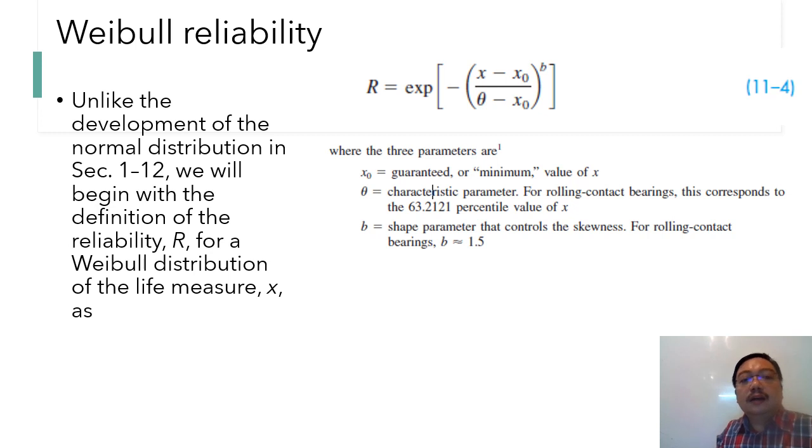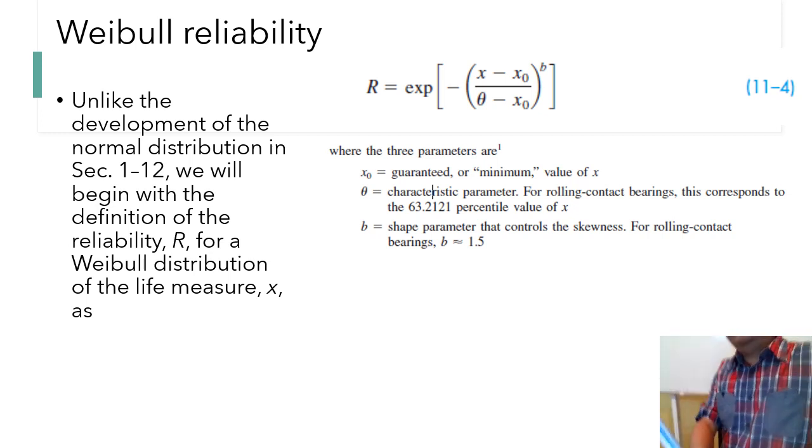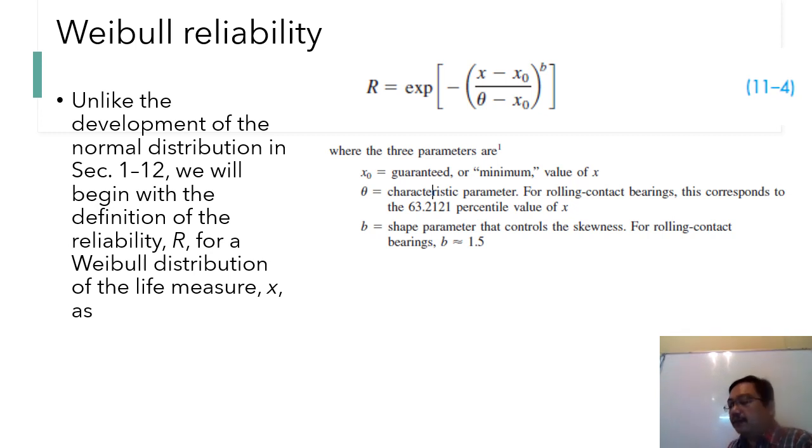So for Weibull reliability, unlike the development of the normal distribution, we will define the reliability for a Weibull distribution of the life measure. For the normal distribution, you have learned in your mathematics class about the bell shape like that.